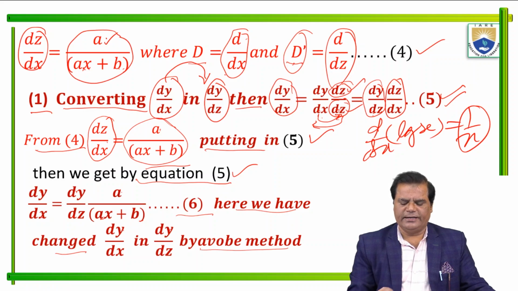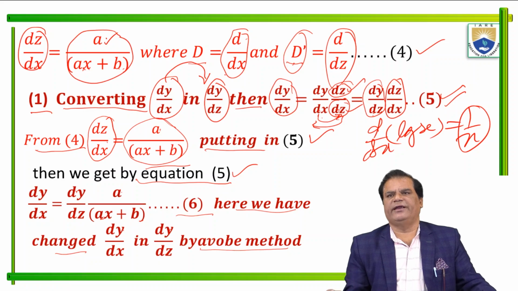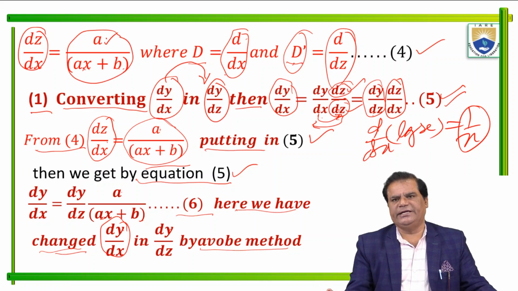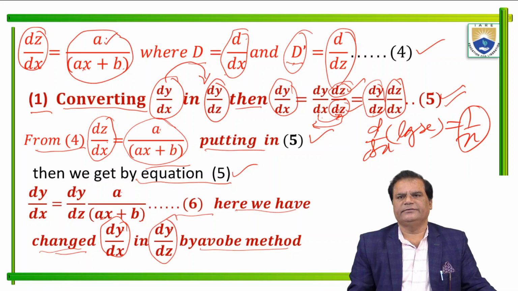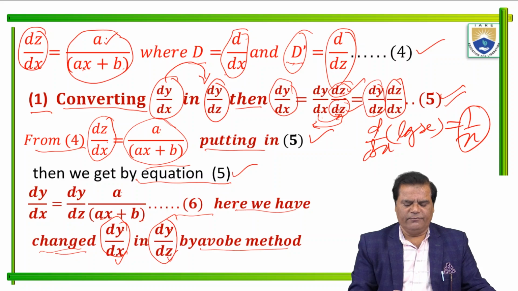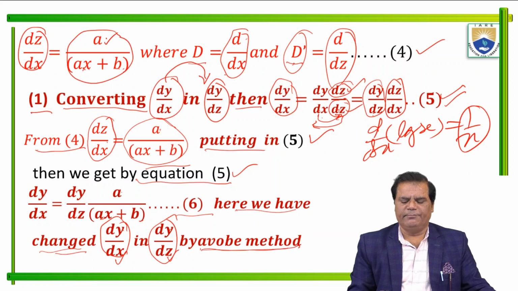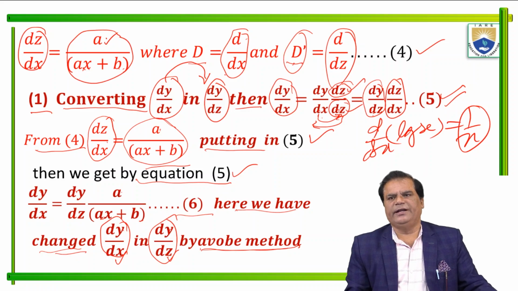Why the above method? It is a change of variable. The variable x is converted into variable z. The above method means change of independent variable.